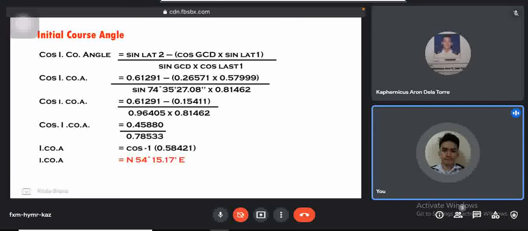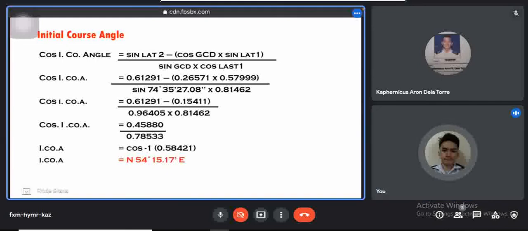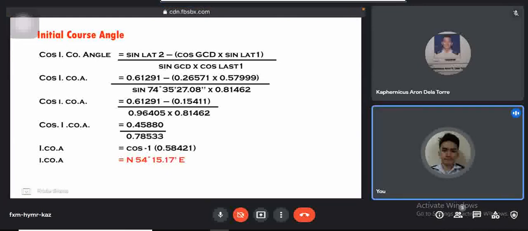Our sine latitude 2 is 0.61291, our cos GCD is 0.26571, and our sine latitude 1 is 0.57999. The product of cos GCD and sine latitude 1 is subtracted from sine latitude 2: 0.61291 minus 0.15411.